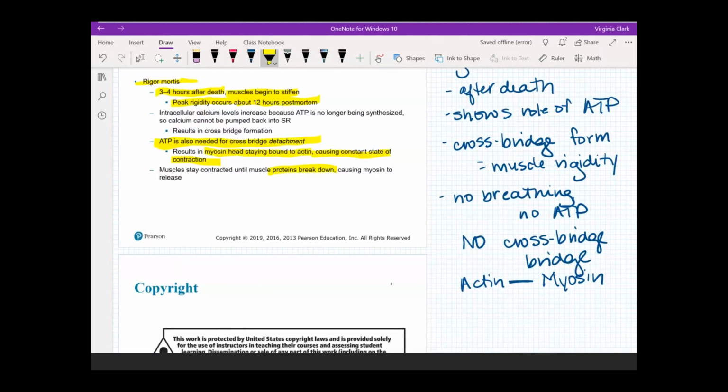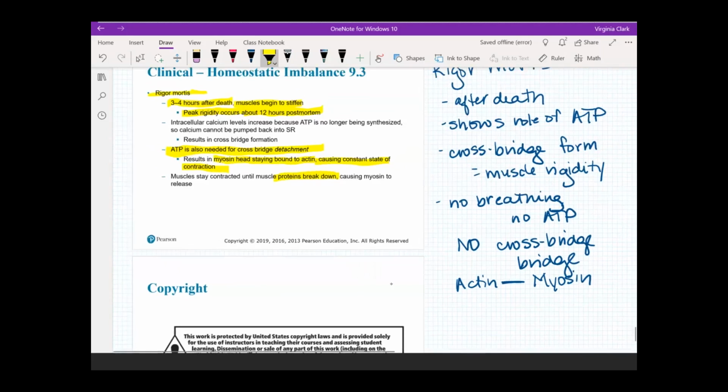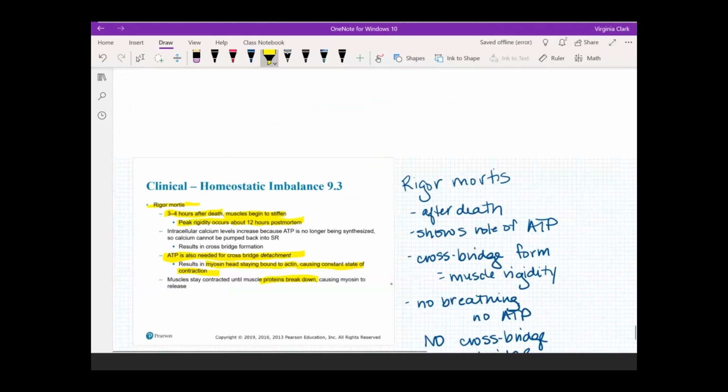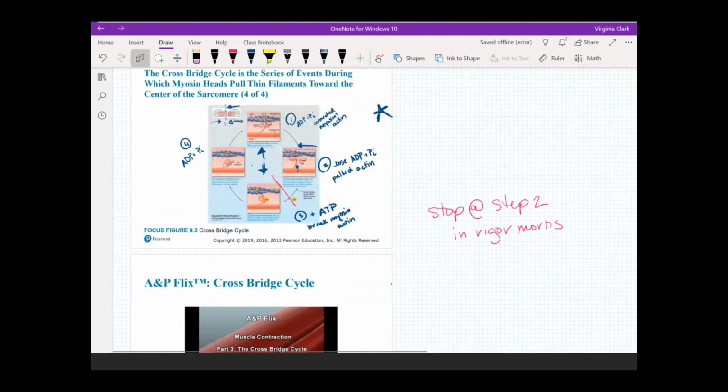So 12 hours after death, your body will actually start to decay. Proteins will start to decay. Actin and myosin will detach because they've decayed. It's not because the cross bridge has actually been broken. So that's a really cool way that with rigor mortis, we know that ATP is important for this cross bridge cycling, because without ATP, the process completely and utterly stops.